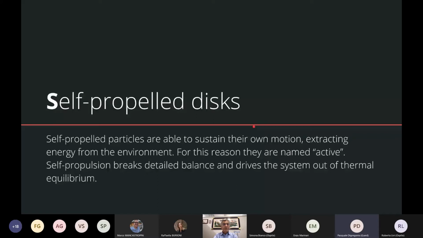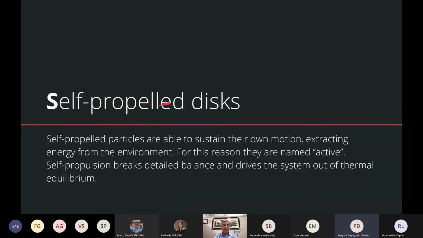Before talking about defects, let me say that other than exploring more in detail the properties of a standard hard disks model, we are very much interested also in the study of this melting phase transition, but in systems of self-propelled disks.